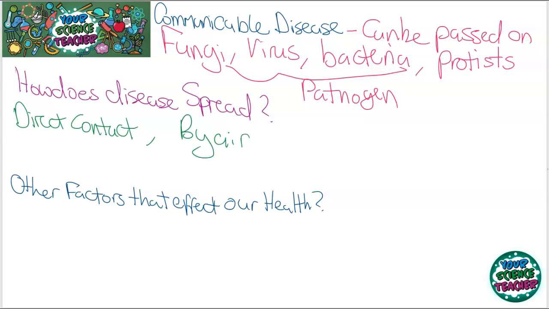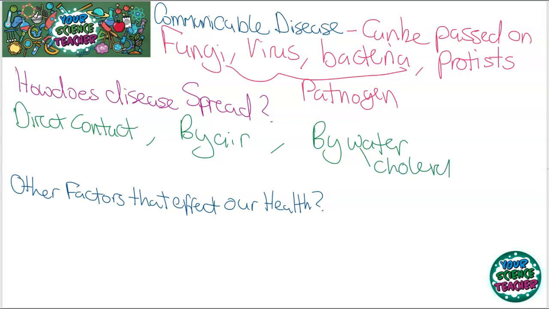Think about the flu. If you sneeze in the air, then water particles travel through the air carrying some of that virus or bacteria. And the last way that it can travel is by water. There are some diseases that can travel by water, diseases like cholera that you get from drinking dirty water.